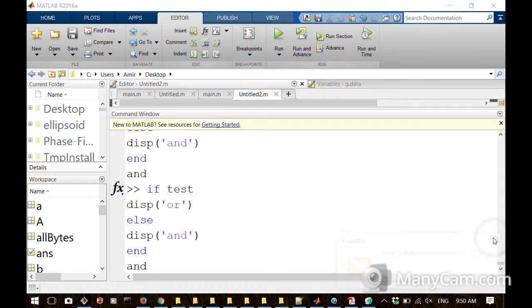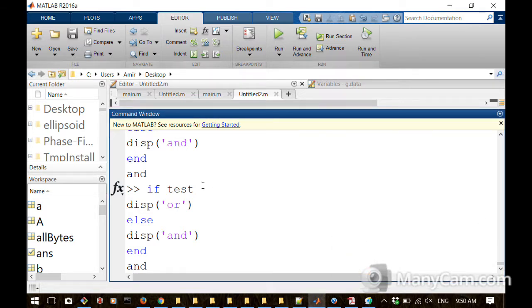If I use this test vector in an if statement, what do I get? I have a vector of 0 and 1, and my question is, what happens if I run this if block? Will it execute the content of this if block, or will it just skip it? What does this evaluate to?